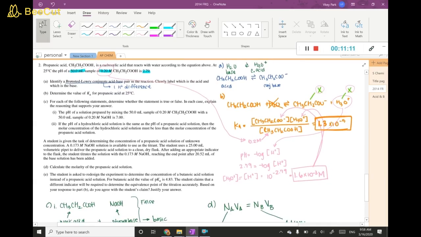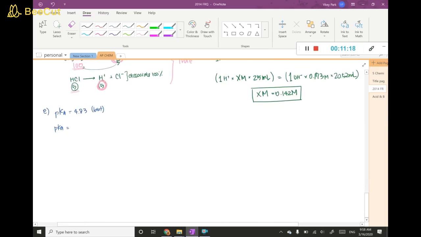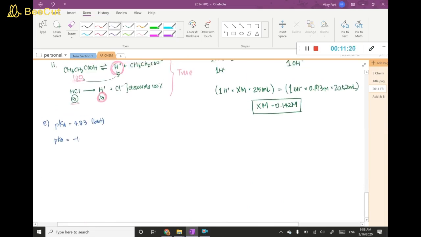Yeah. So remember we determined the Ka value up here in B, and it was 1.3 times 10 to the negative 5. So what is P? P is always negative log, and because Ka follows afterwards, it's negative log of Ka, right? So negative log of 1.3 times 10 to the negative 5, and if I were to do the calculation, I end up with 4.89.